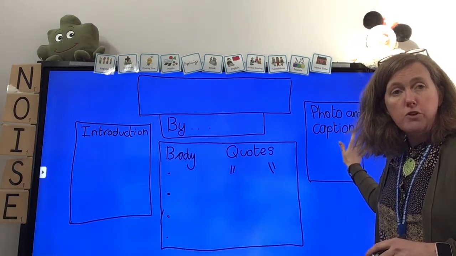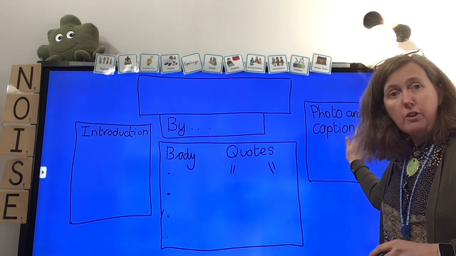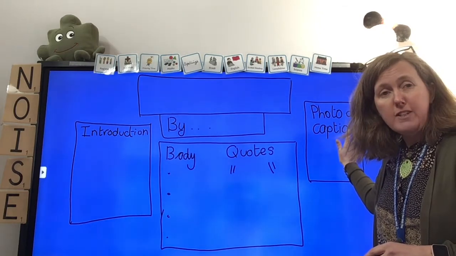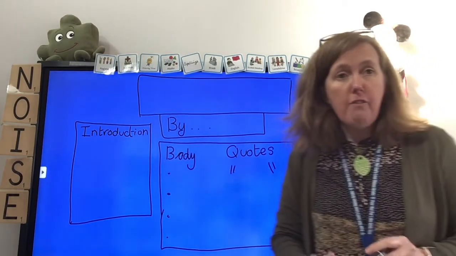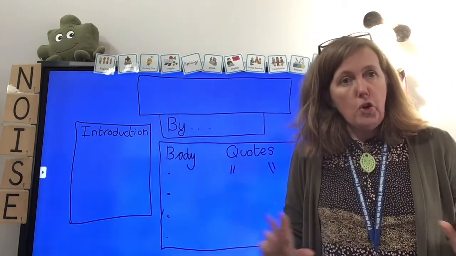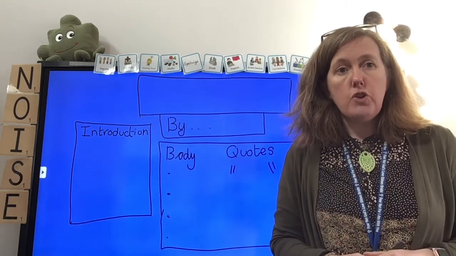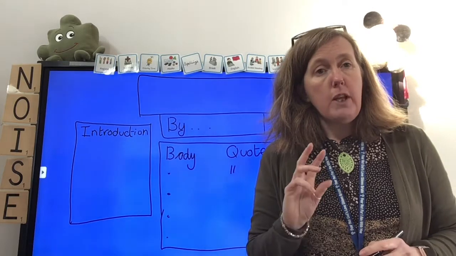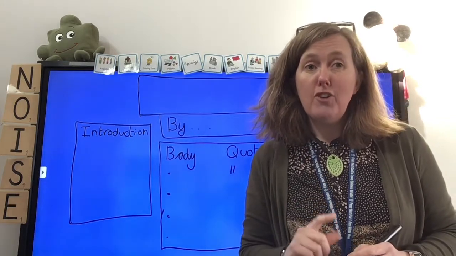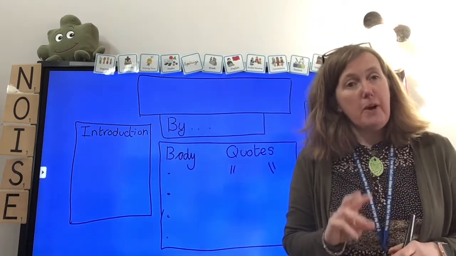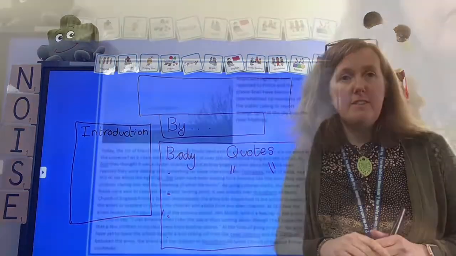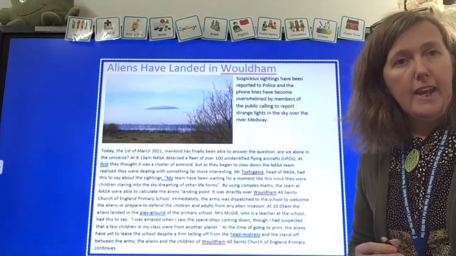It's great putting a photo in, but tell us what it's of, because it's really important that we know what that is of. So I hope you have lots of fun boxing up and thinking about what you're going to put where for your newspaper article. What I'd like you to do now is, in a minute I'm going to show you what I want you to do your article on, but I want you to aim for about 2 or 3 starter sentences.